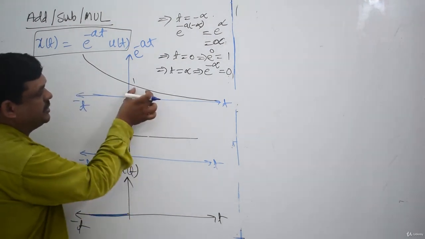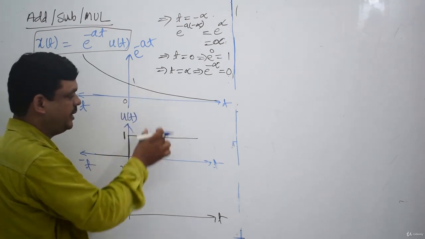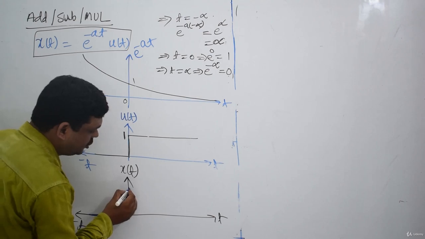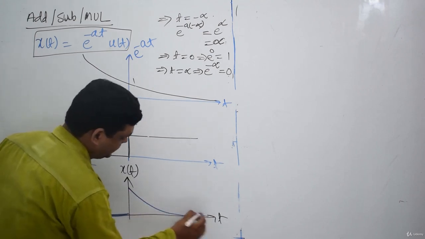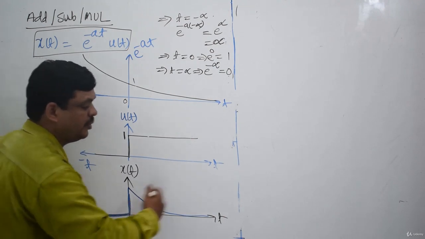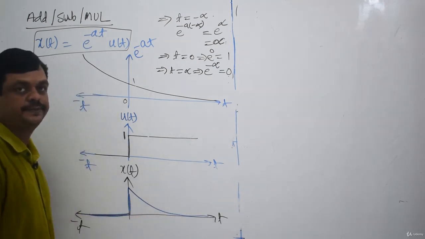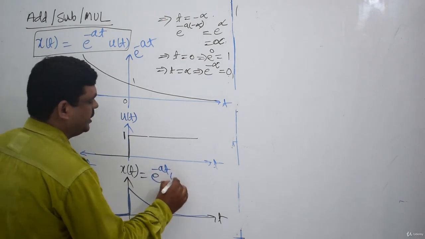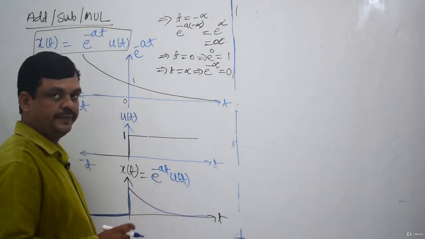And on the positive time axis, this function is e to the power of minus at and this amplitude is 1. Multiplication of these two is e to the power of minus at. So the exponential function is defined only on the positive time side. This gives e to the power of minus at into u of t.